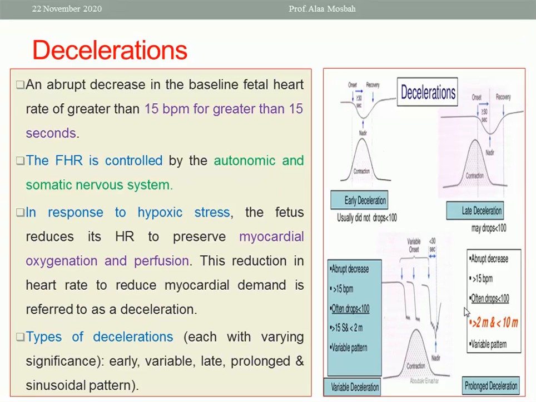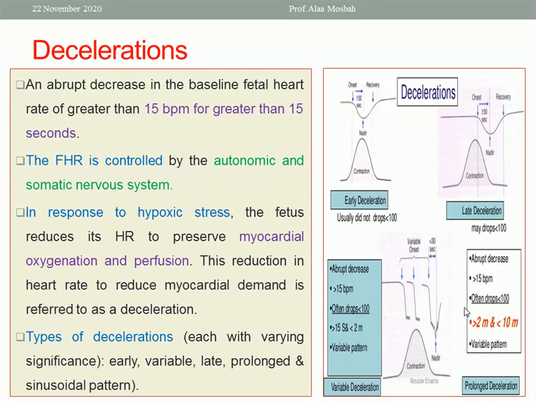Okay, we want to understand this point. To understand it, we should know that the fetal heart rate is controlled by the autonomic and the somatic nervous system. In response to hypoxic stress, the fetus reduces its heart rate. Why? To preserve myocardial oxygenation and perfusion.